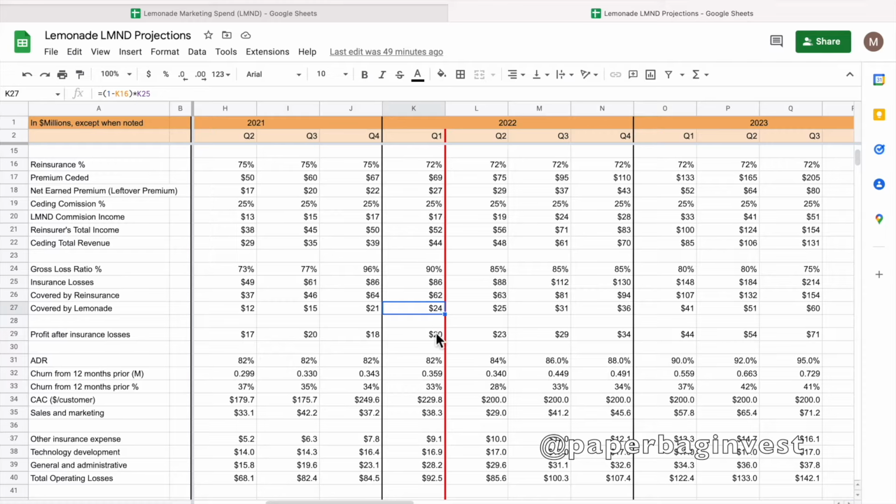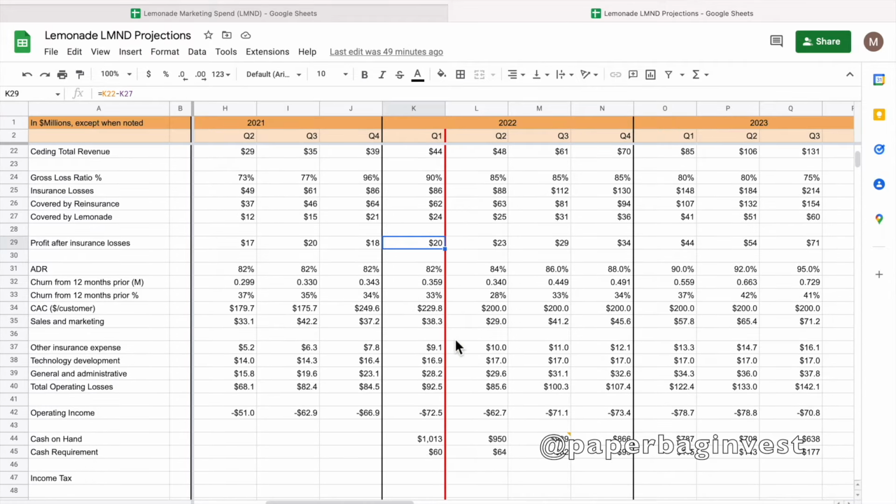So you have your profit after insurance losses, which is about $20 million. After they've paid out what is covered by reinsurance and then paid their portion of the losses, they have about $20 million left over. Then we get into their operating expenses.